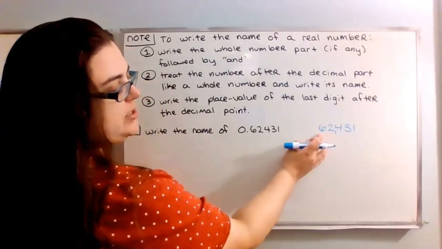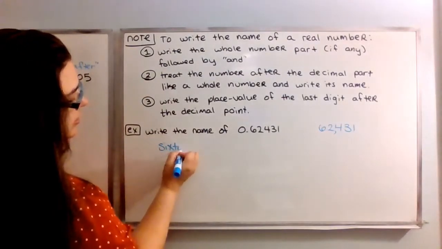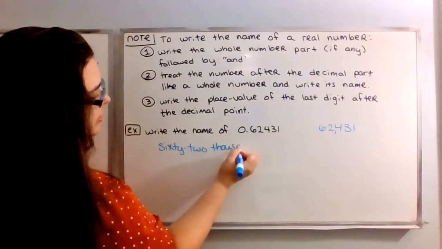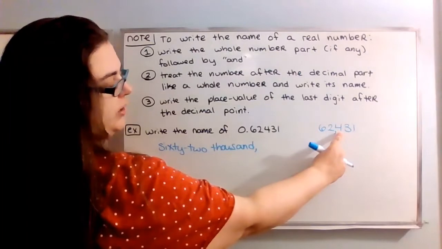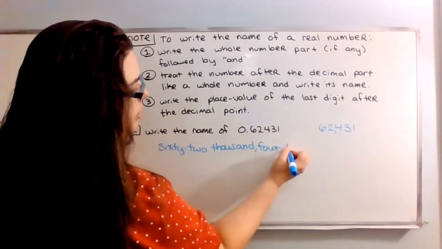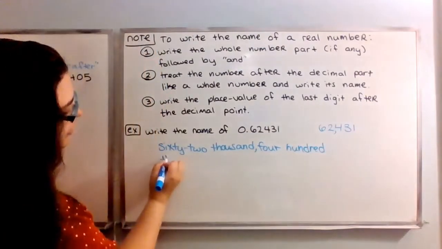So this will be 62,000, then a comma, and then we have 431.